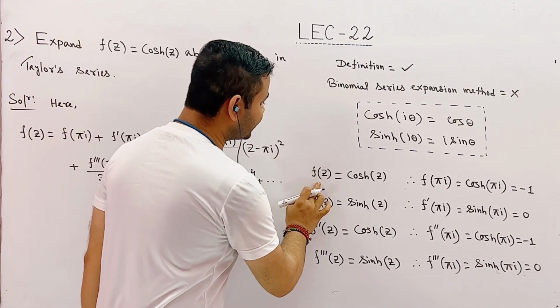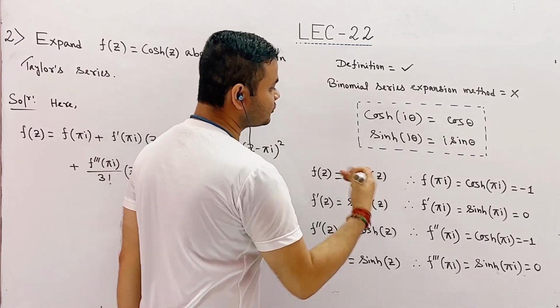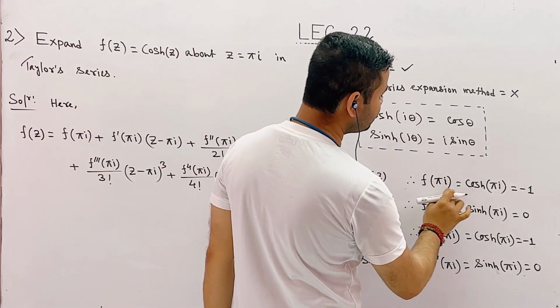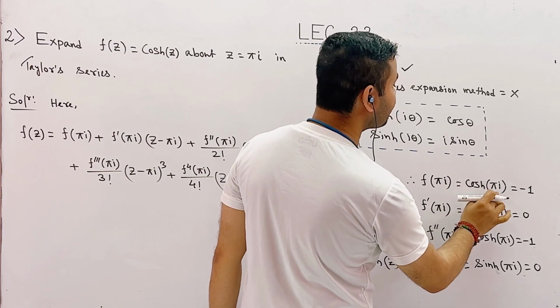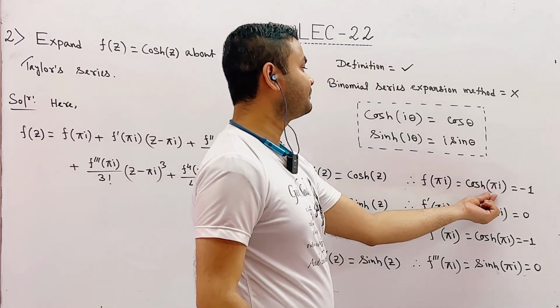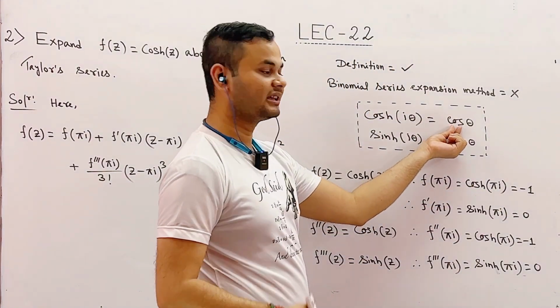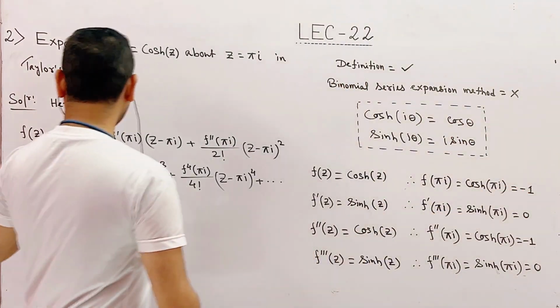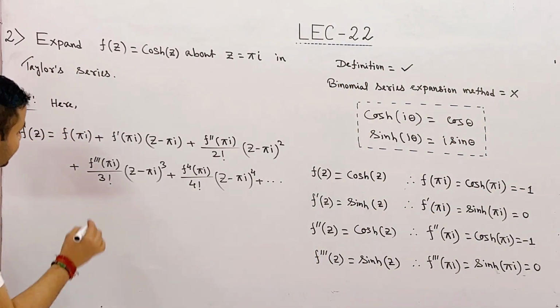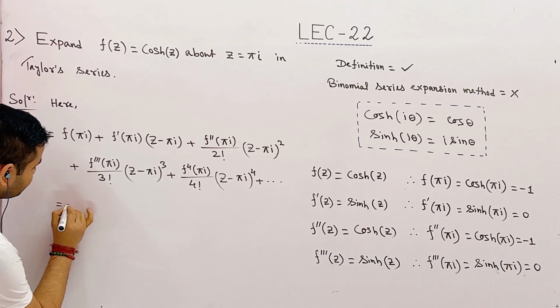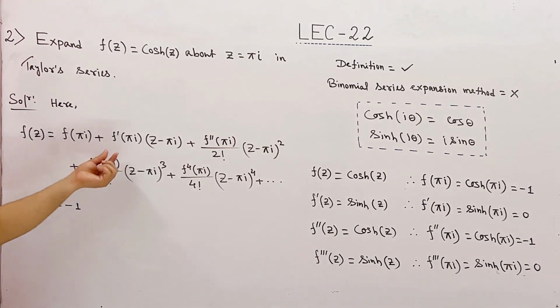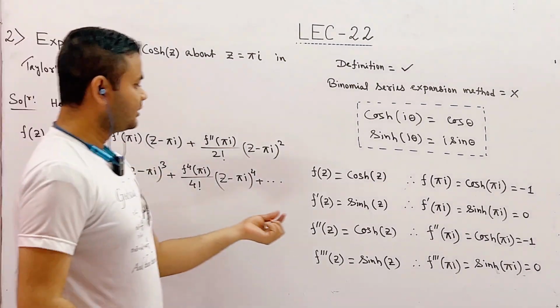Since f of z is equal to cos hyperbolic z, therefore f of pi iota will be cos hyperbolic pi iota, and cos hyperbolic pi iota will be cos pi, whose value is minus 1. So the value of first term will be minus 1. Next, f prime pi iota.